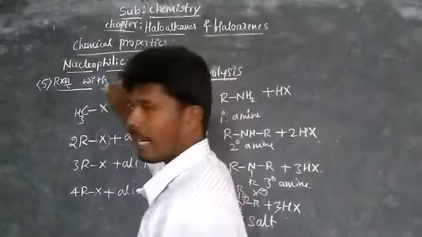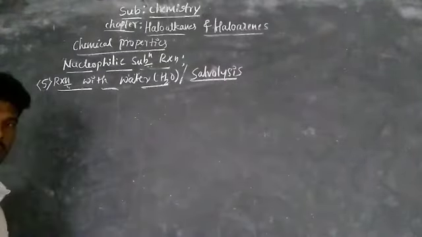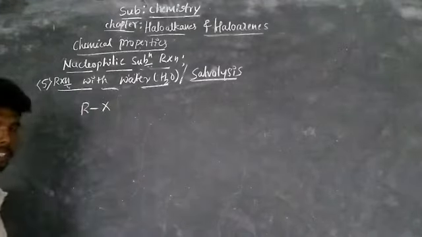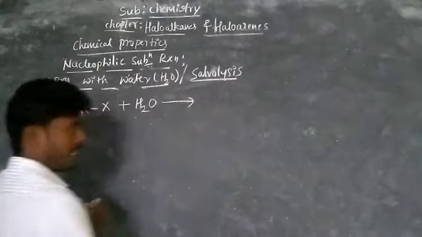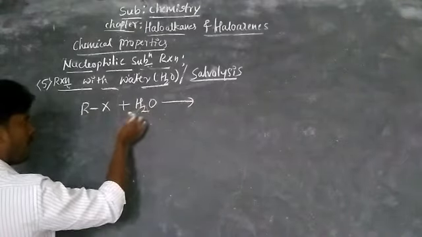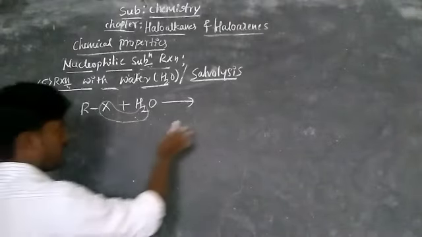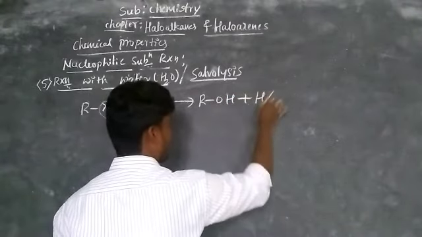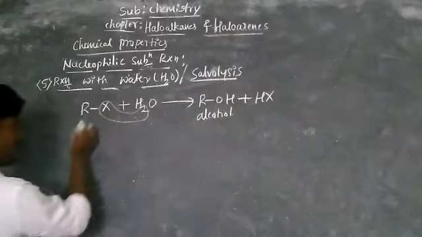This process we call solvolysis. In this process, alkyl halide R-X is treated with water, H2O. Observe, one hydrogen and one halide become HX. The remaining thing is R-OH plus HX. So what you get is alcohol from alkyl halide.